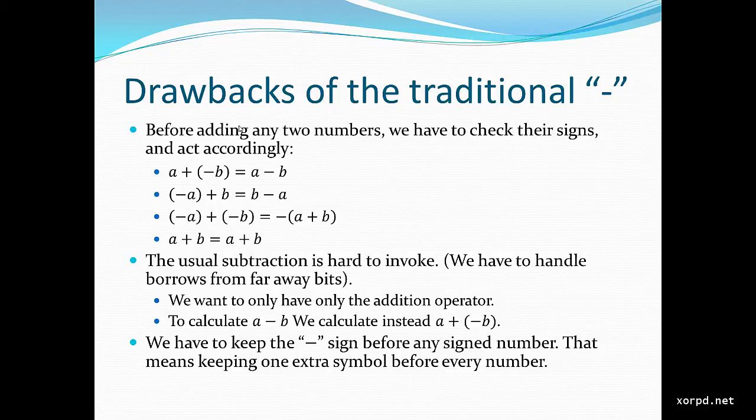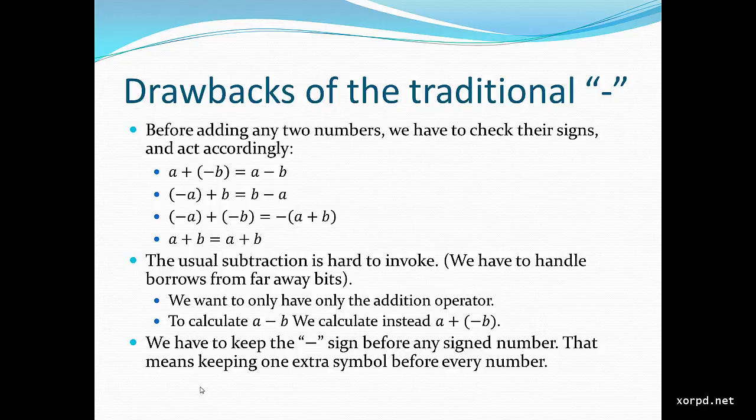An example of how this could be done is this. If I want to calculate a minus b, then I will calculate a plus minus b instead. Well, minus b will be some magical representation of b that will give me the wanted result in the end. Another drawback is that we have to keep the minus sign before any signed number.